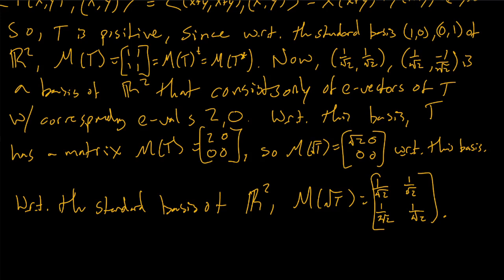So there you go. Basically, the easiest way to do it is to find eigenvectors corresponding to eigenvalues. You know that with respect to that basis, you can write your matrix diagonally with the eigenvalues on the diagonal, where each eigenvalue corresponds to the eigenvector in the basis in order. And then to find the matrix of the square root, you just take the square root of the diagonal entries.